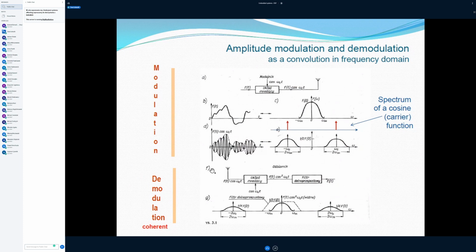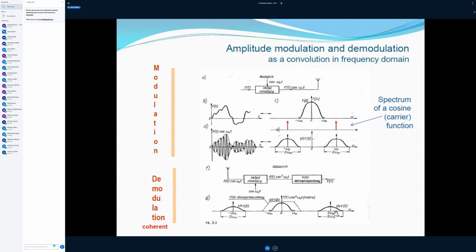Then you have to convolve this moved spectrum again by the spectrum of a cosine function, and you get the movement of those spectra.